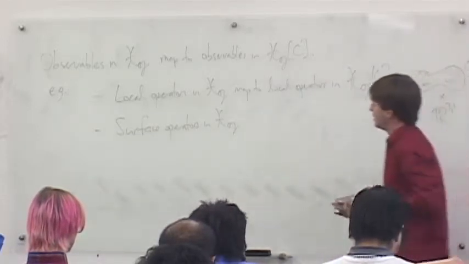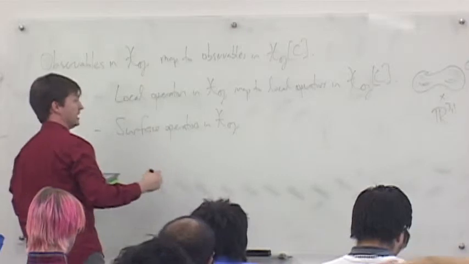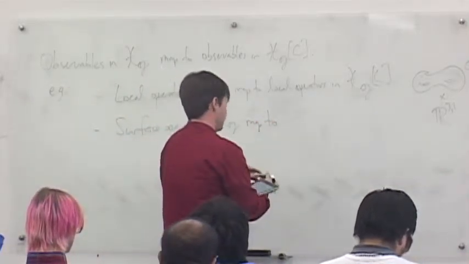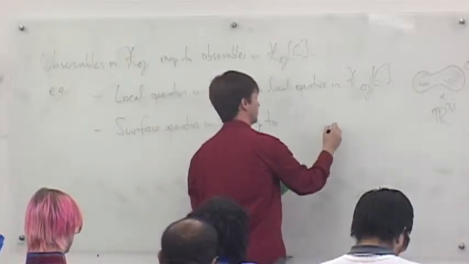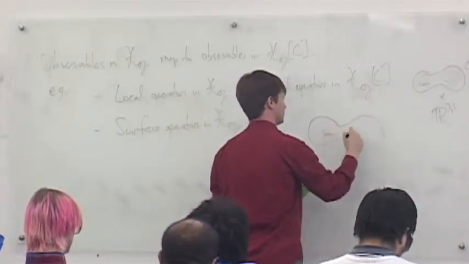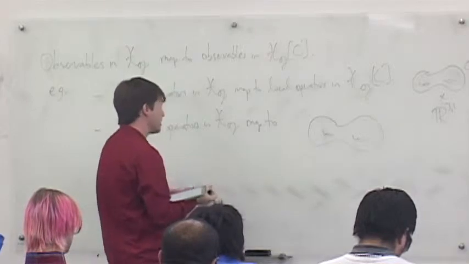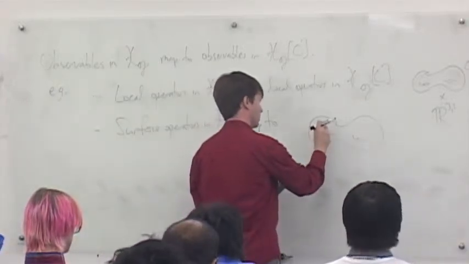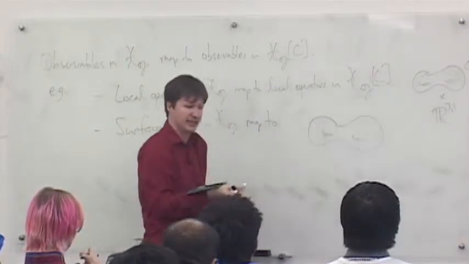But similarly, if I have a surface operator in X_G, that can give me a bunch of different things. So for example, one thing it could give me is a surface operator in the lower dimensional theory. How do I get that? Well, in the 6D theory, I have a surface.